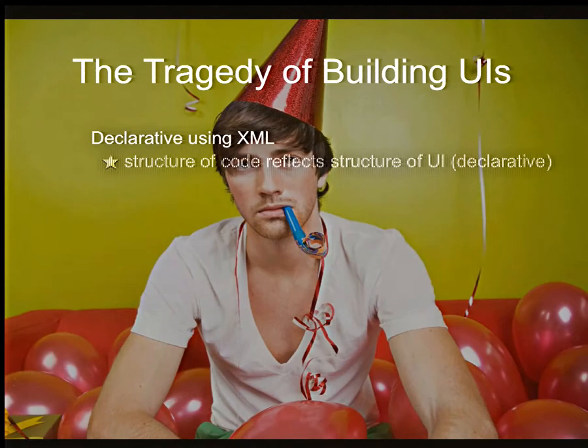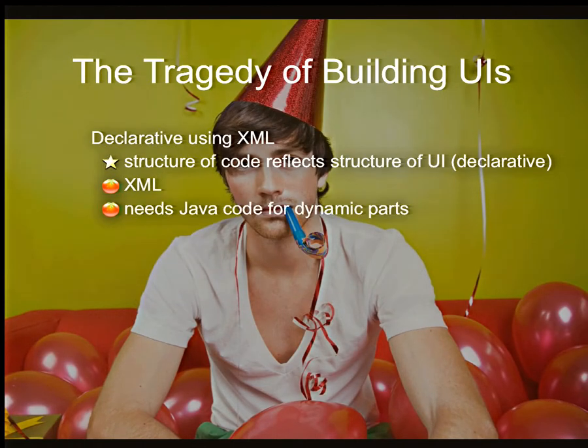What is that tragedy? Okay, you have two possibilities. Either you create your UI using XML, which is good because it's declarative and easily readable and stuff like that. And it's bad, at least for me, because it's XML. So well, it's a lot of typing still, and I think it's pretty tough to type XML. Okay, and you need Java code for the dynamic parts, and because of that, you need binding.